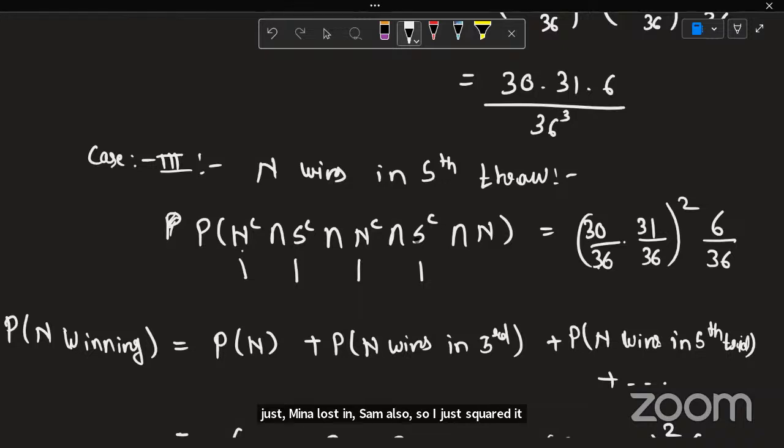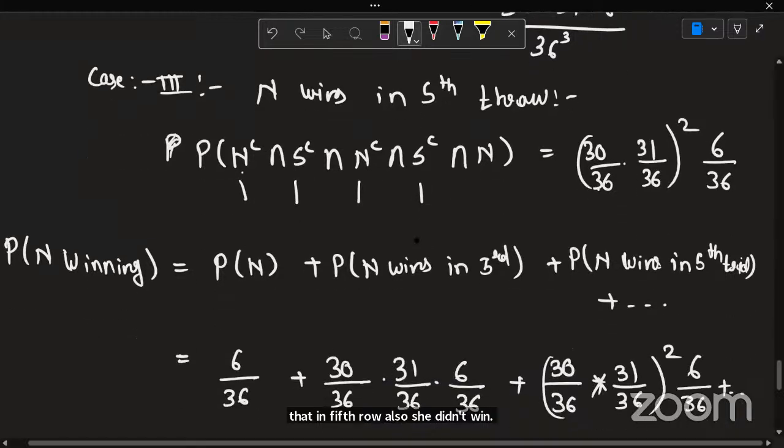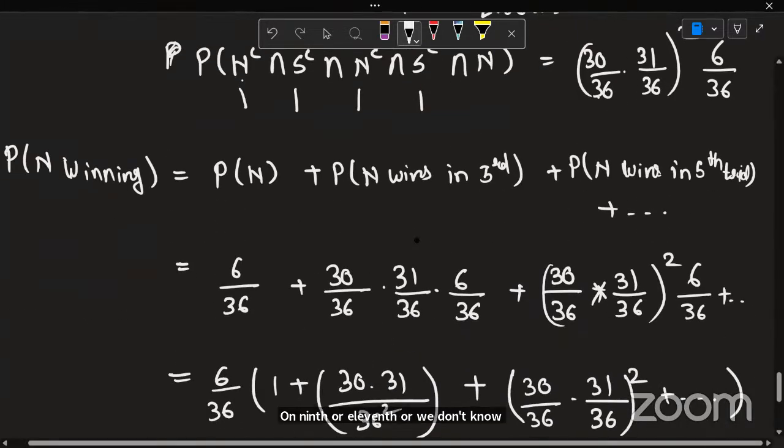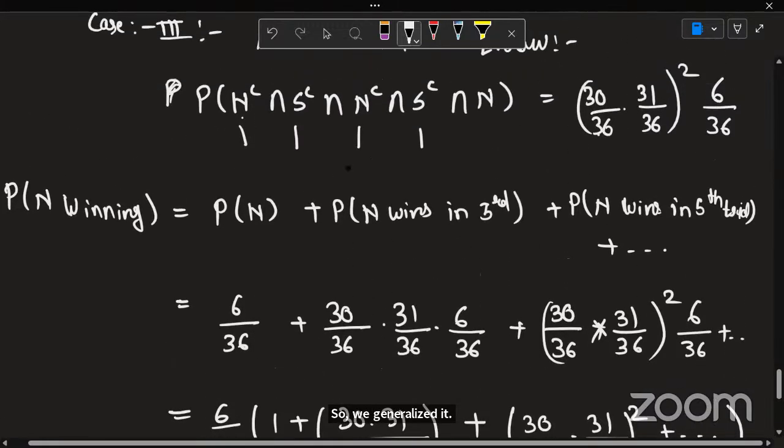And then at the end, Nina wins. So it is also possible that in the fifth throw also she didn't win. She has to go for the seventh throw, or ninth, or 11th, or we don't know. So we generalized it. The thing is, this pair will be there for each next turn.